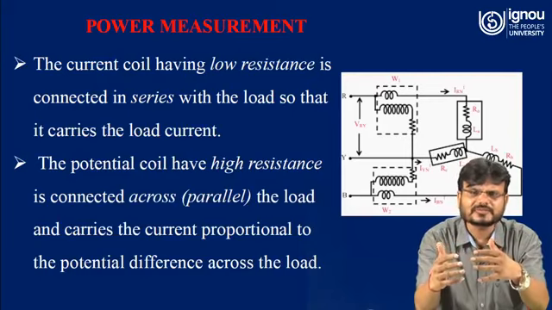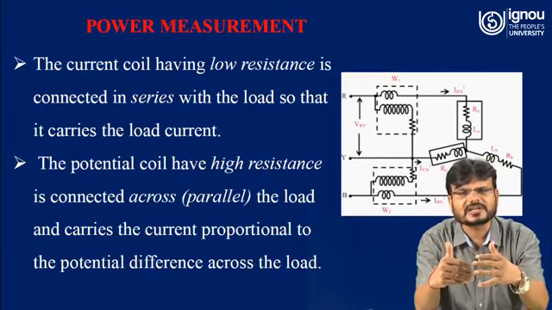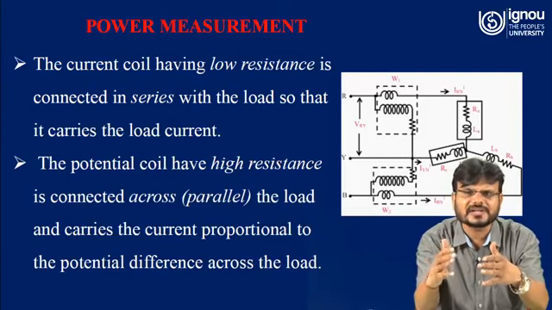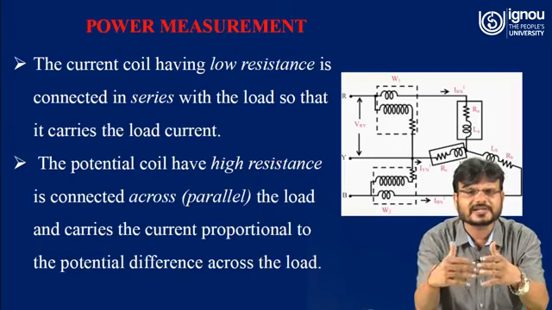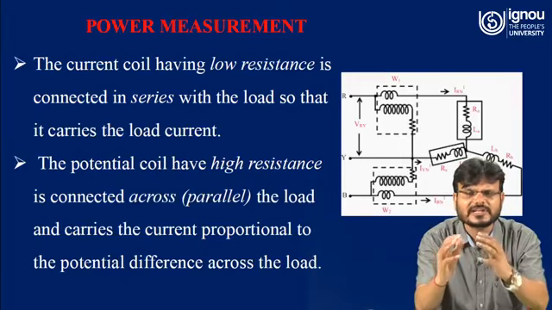If the area is more, the resistance is less. If the resistance is less, the current is more, because I is equal to V upon R. That's why the current coil has fewer turns, and the diameter of that current coil is more.